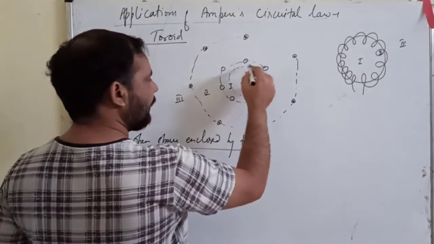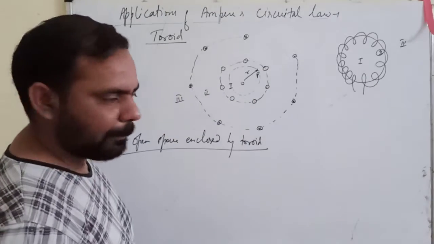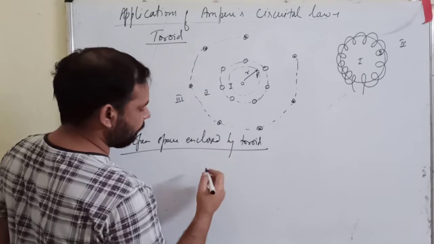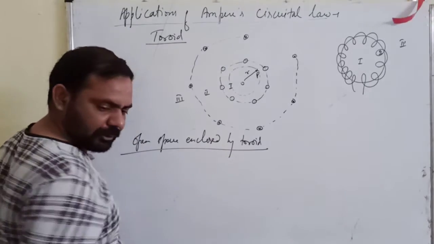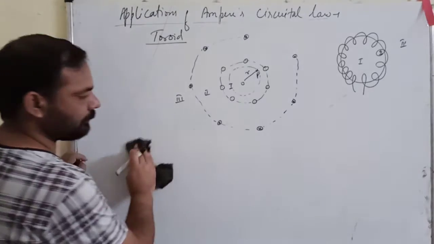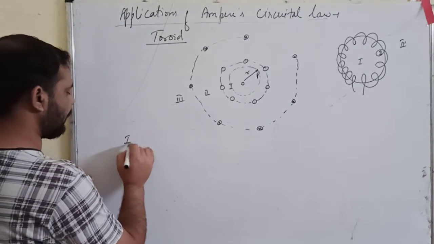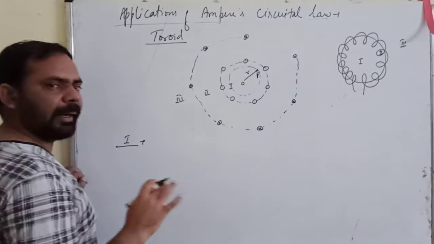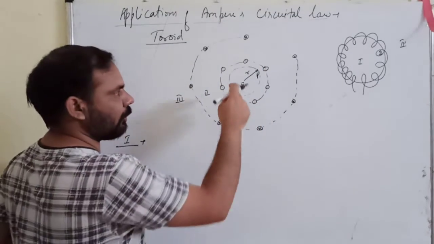Here, the radius of the circular loop is r. Now, how much current is threading through this region? How much current is crossing the loop here? No current is crossing the loop.